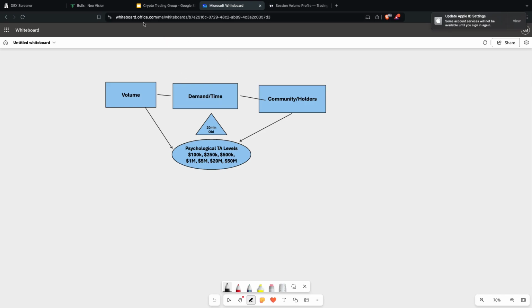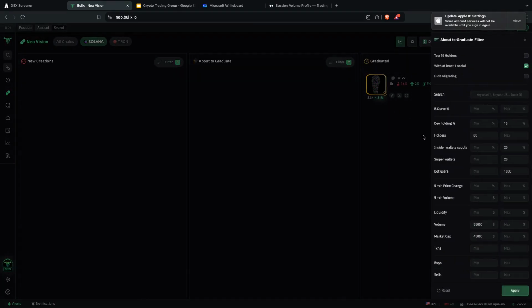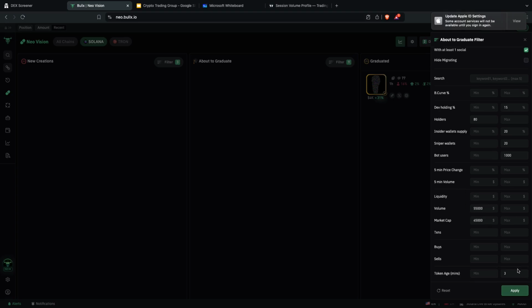This is one of the reasons why we have our filters with a token age of 12 minutes, because we want to only trade meme coins that are recently created. Go to the about to graduate filter as well. This one has a maximum of around 3 minutes.